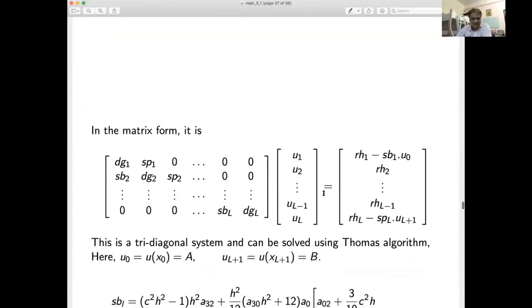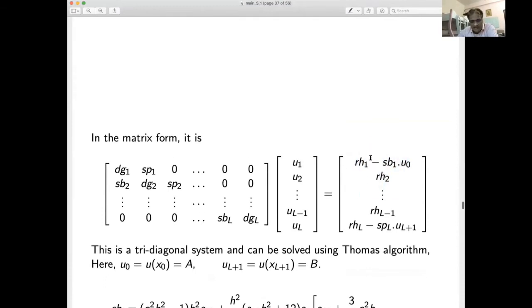So, putting it in a proper matrix form, here is the vector U1, U2, UL, and this is a tridiagonal matrix, and on the right hand side I will put those things which are known to us. So R2 up to RHL minus 1 are exactly the same. The first one is subtracted with sub 1 into U0, and the last one with sup L into UL plus 1.